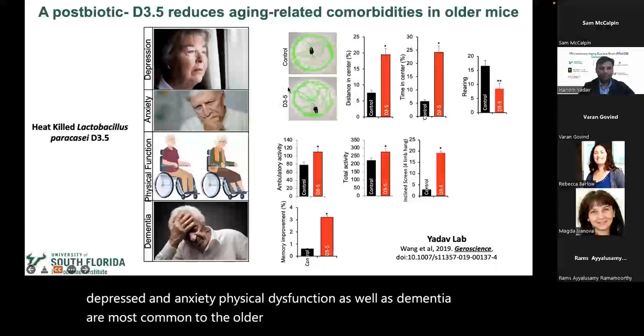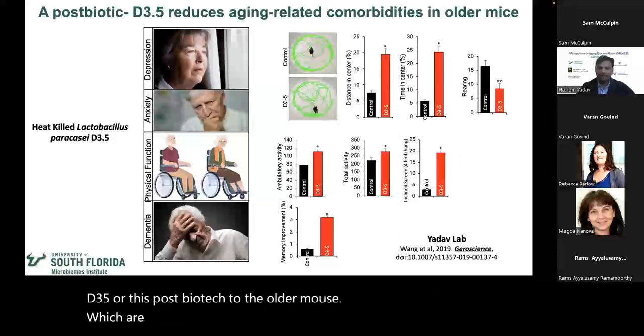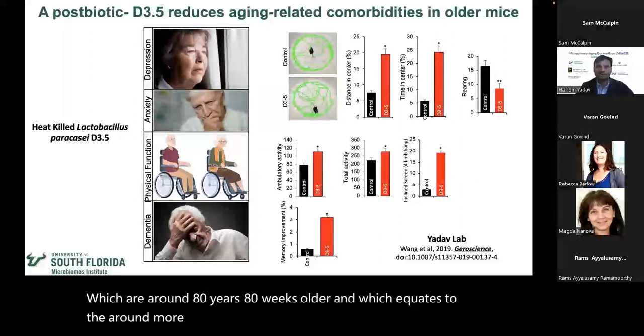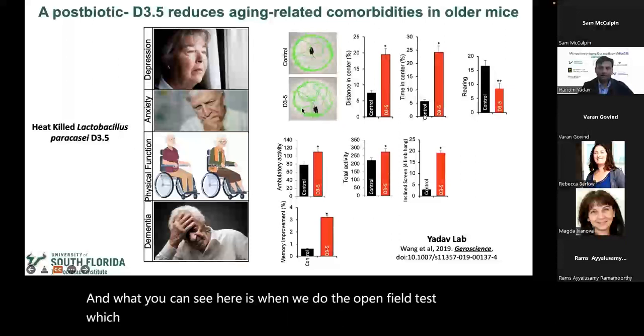Now, we fed D35, this postbiotic, to older mice, around 80 weeks old, which equates to a person more than 65 years old. You can see here the open field test, a kind of anxiety and depression behavior test.